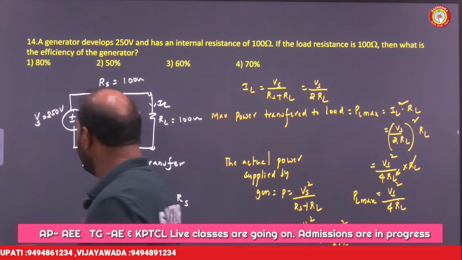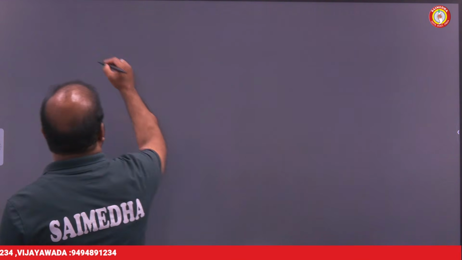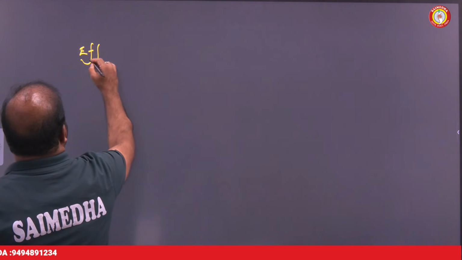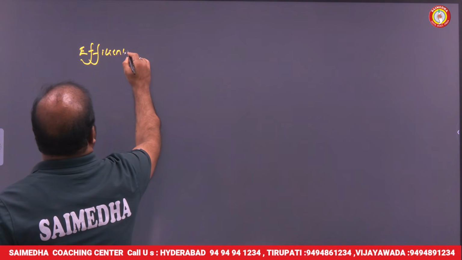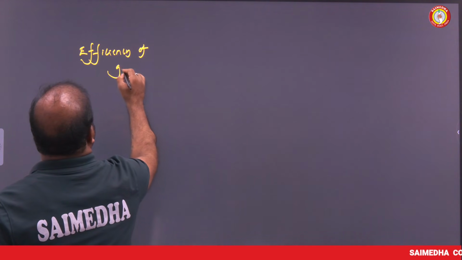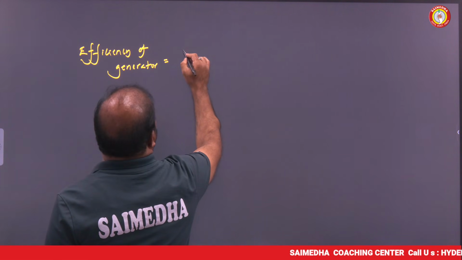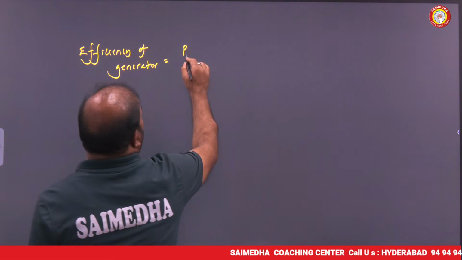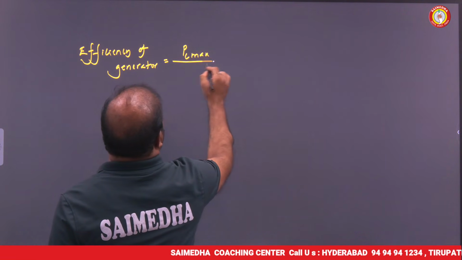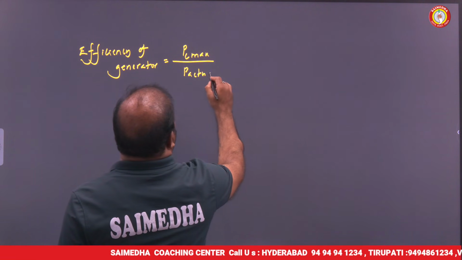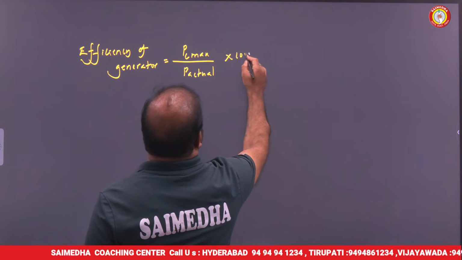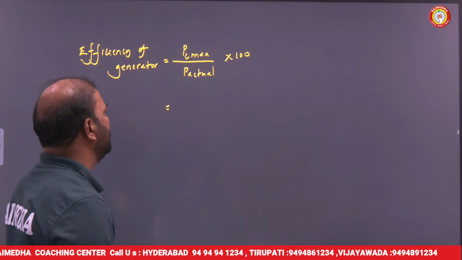So then what about the efficiency? Efficiency of the generator is PL max by P actual, the power delivered to the load divided by the actual power delivered by the source, into 100.